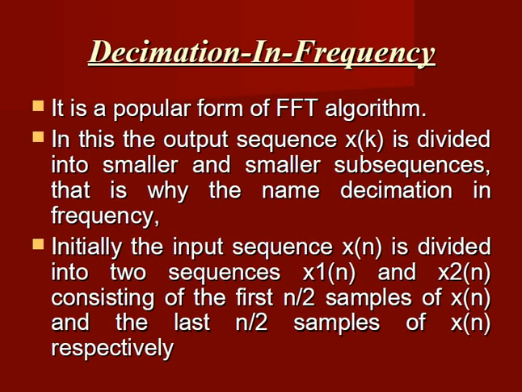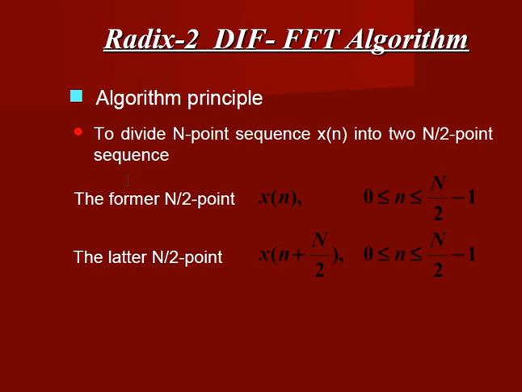In case of decimation in frequency, we go from higher order to minimized order. So we are splitting the total thing in two parts, that is first n by 2 points and second n by 2 points. It is not odd, not even. In DIT, we split it in odd and even. Here we simply split it in first n by 2 points and second n by 2 points.